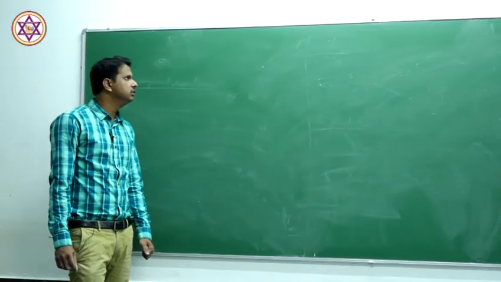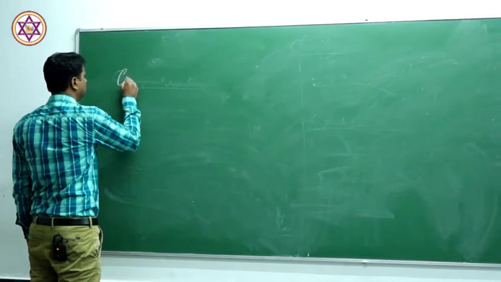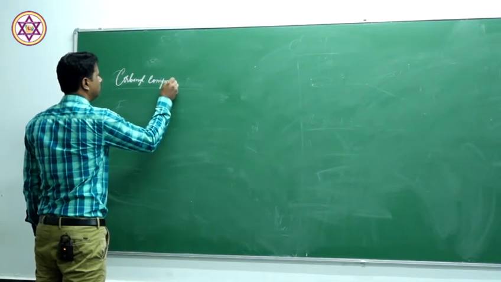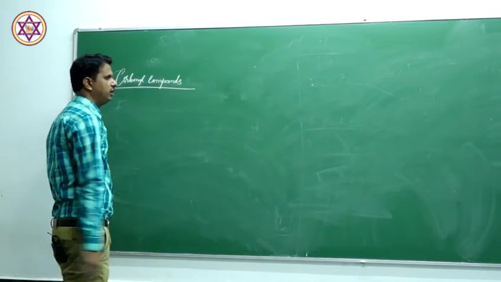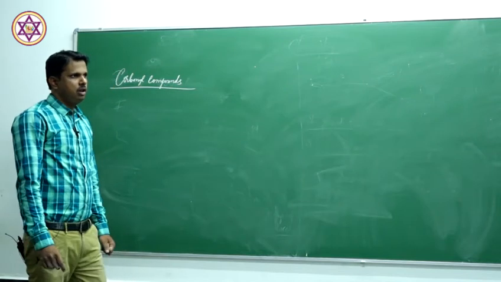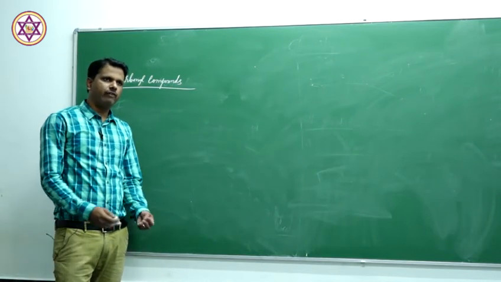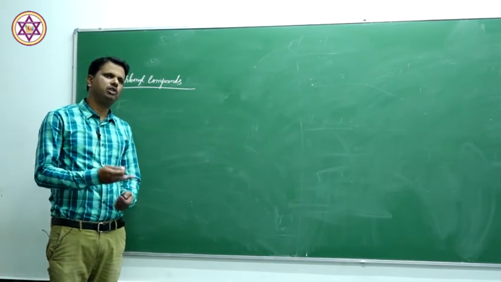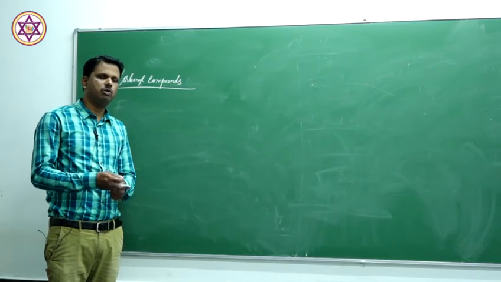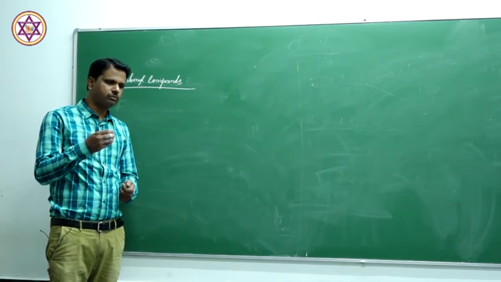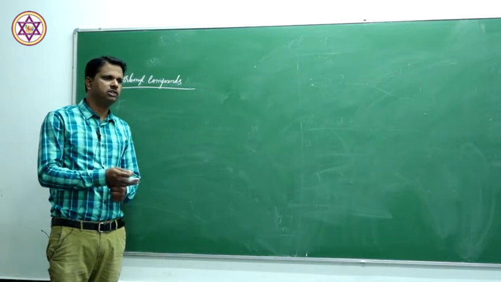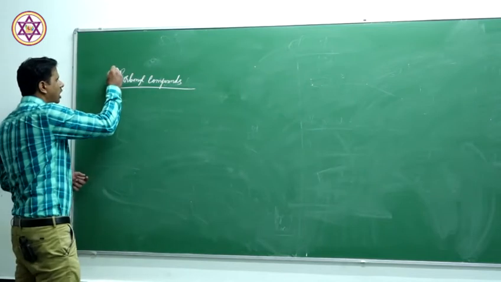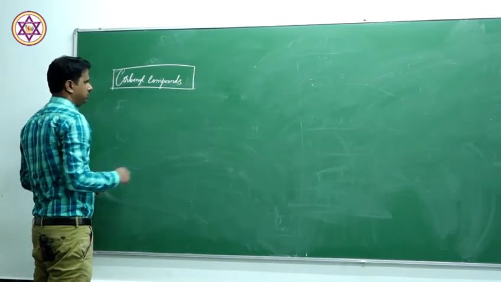Our next topic is carbonyl compounds. In organic chemistry, we have several functional groups available, starting from nitro to sulfonic acid and aldehydes, ketones, esters, carboxylic acids, etc. And we have nitrile compounds, etc. Now, the point here is, what are these carbonyl compounds in those functional groups?